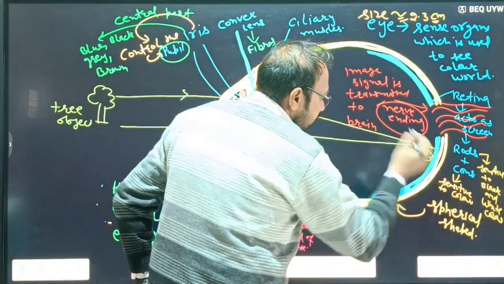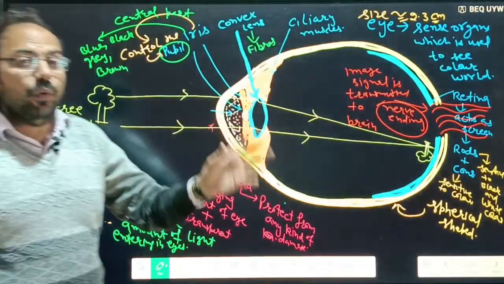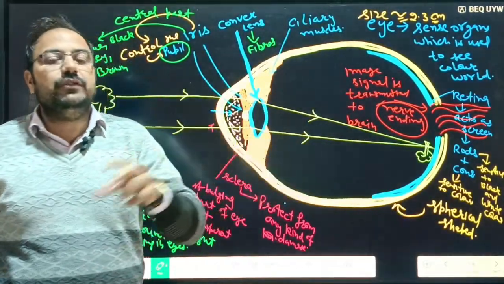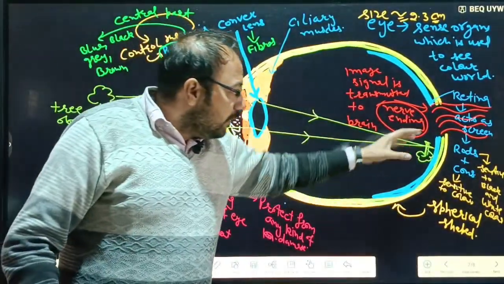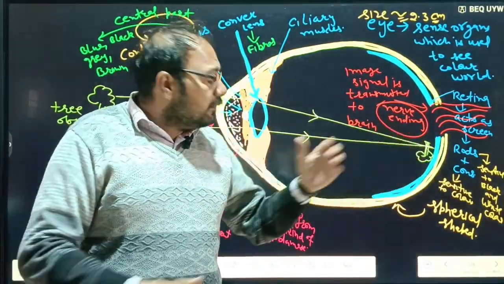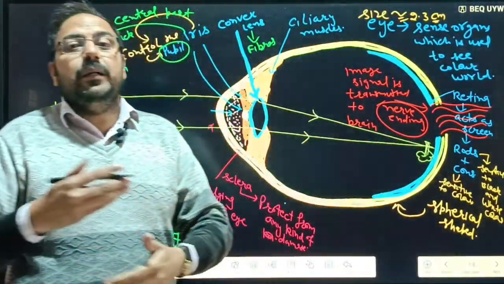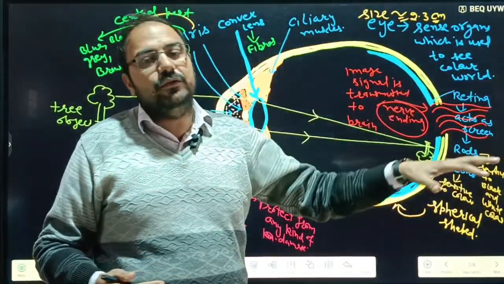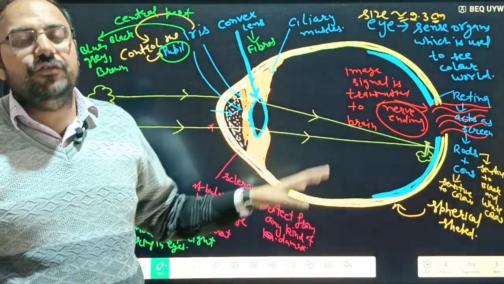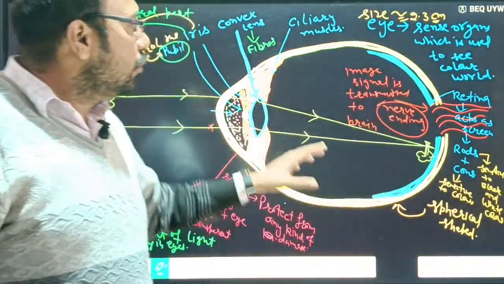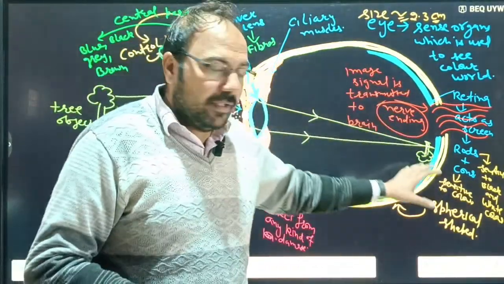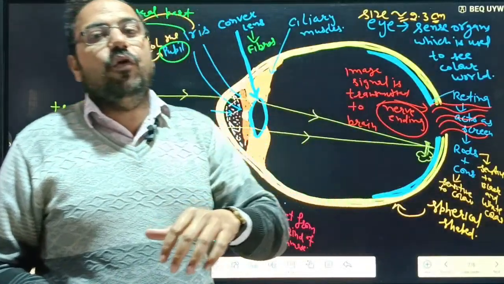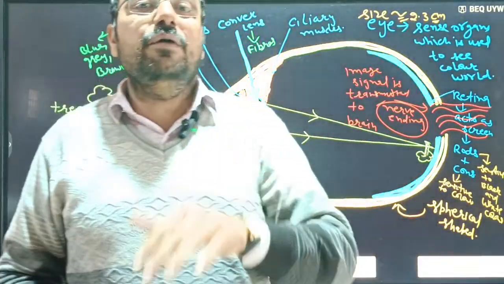But this object is in an inverted position and diminished, meaning small size. So this image is further converted into an image signal, amplified and then sent to the brain. So the brain analyzes this is a tree, this is a chair, and this is this thing. So all images are formed on the retina. And what type of image forms? Real, inverted and diminished in size.